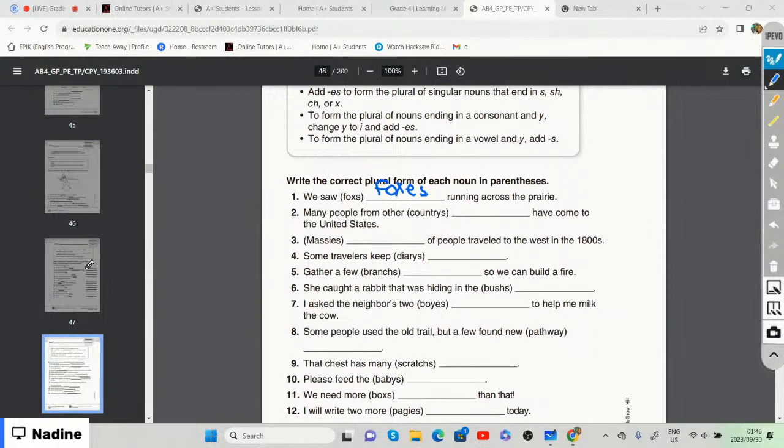So country we can say it is countries. We drop the y with country and we add ies for countries. So countries.